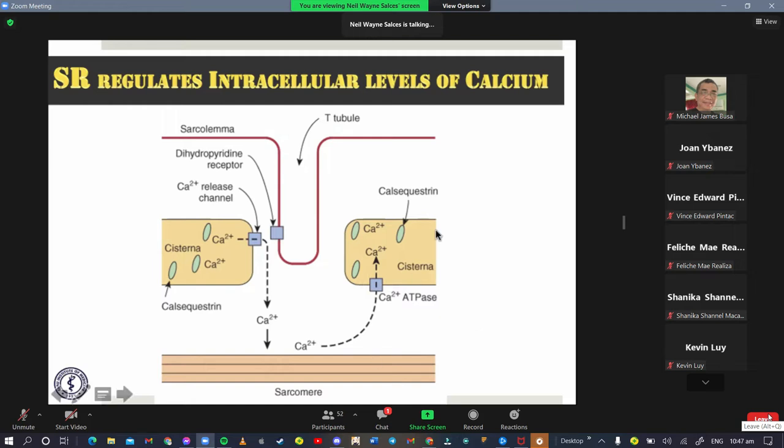Inside the sarcoplasmic reticulum, your calcium is bound to a specific calcium binding protein that is designated as your calsequestrin. And the sarcomere is surrounded by an excitable membrane, which is your T-tubule, composed of your transverse channels closely associated with your sarcoplasmic reticulum.